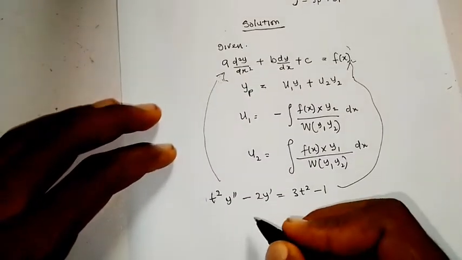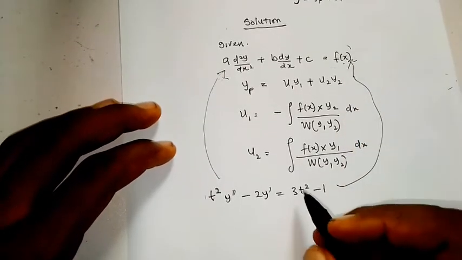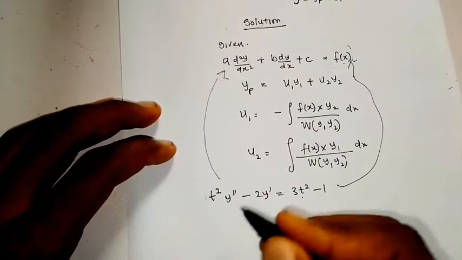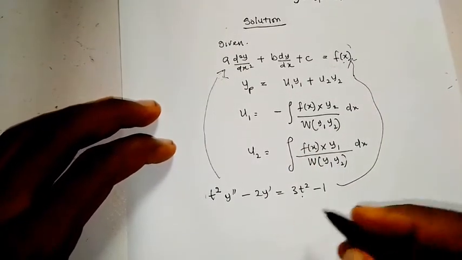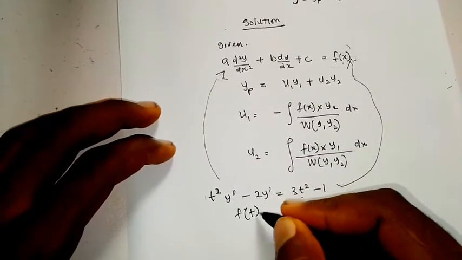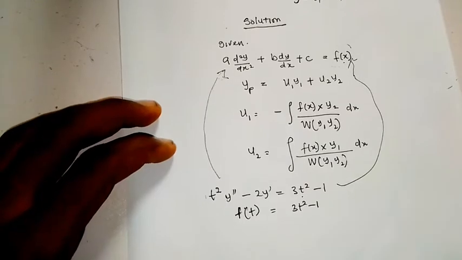So my independent variable is not x, it's t, so my formula changes with respect to t. My fx becomes ft, which is 3t squared minus 1.